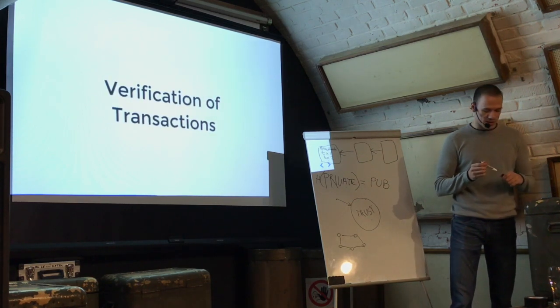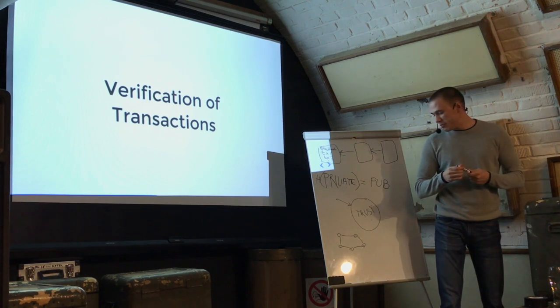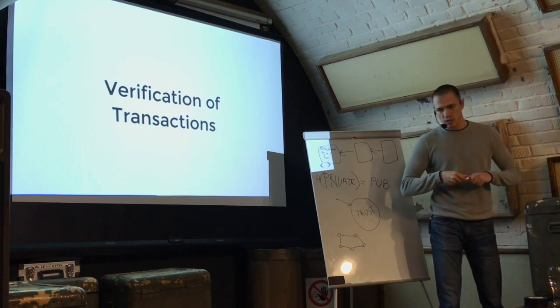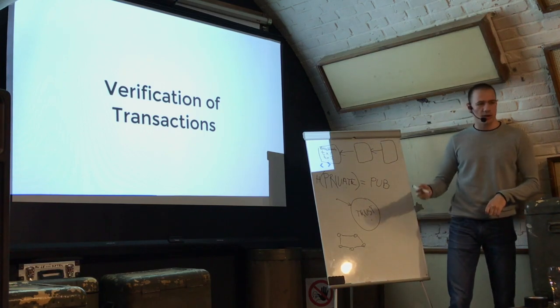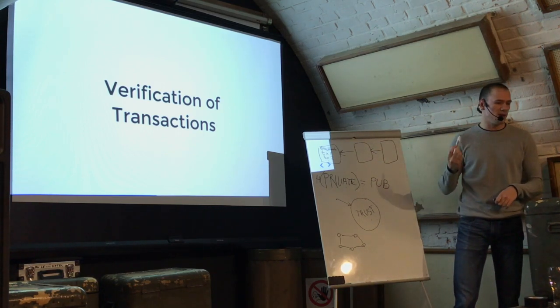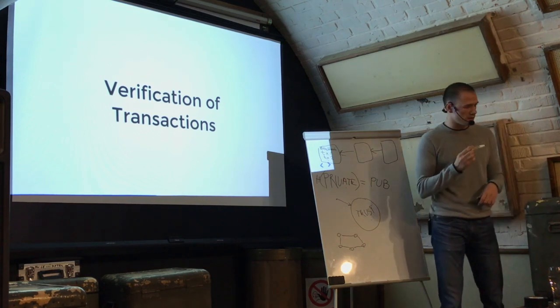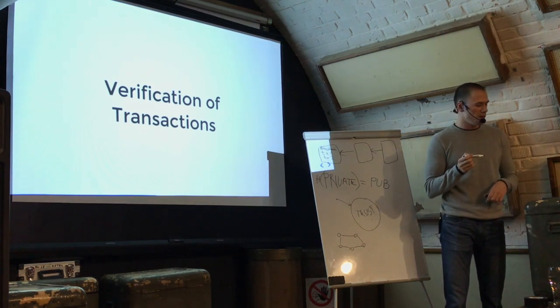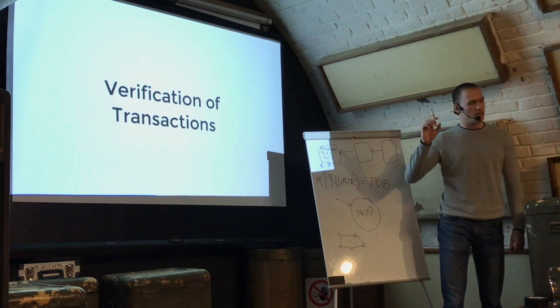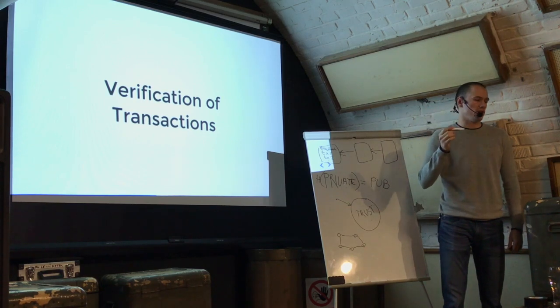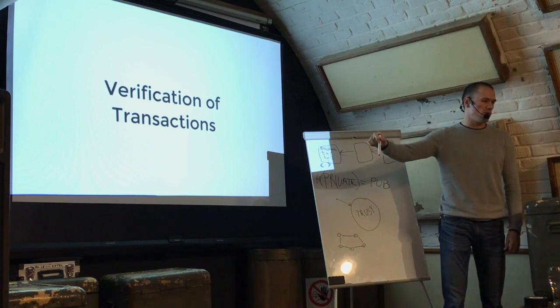Before each transaction is added, let's say we have a girl named Anne and a guy named Peter, and Anne wants to send a transaction to him. She first creates the transaction in her wallet. The next step is that her wallet distributes this transaction to its peers first, and then those peers distribute it across the network.